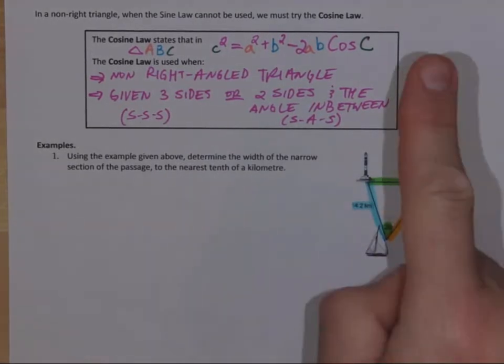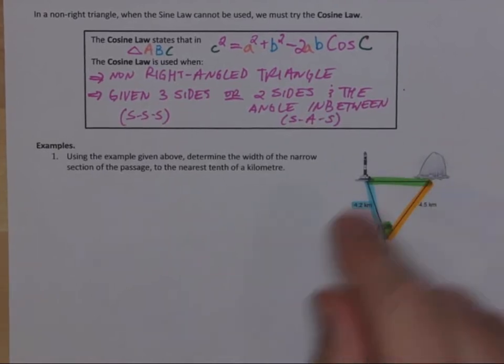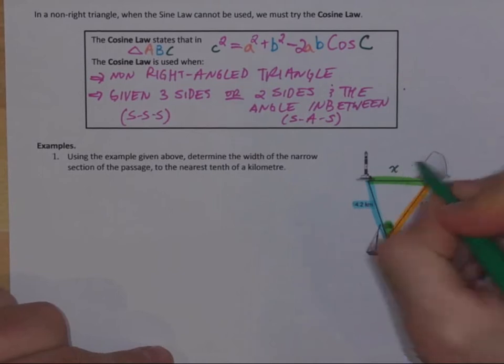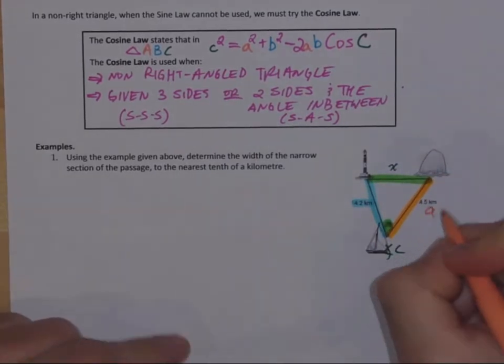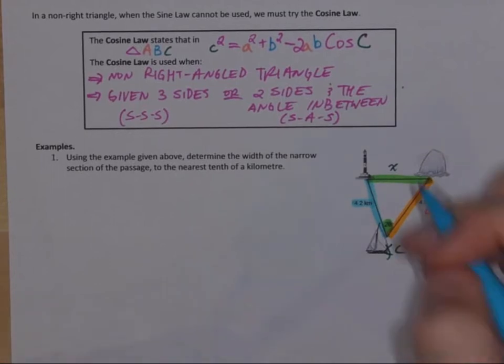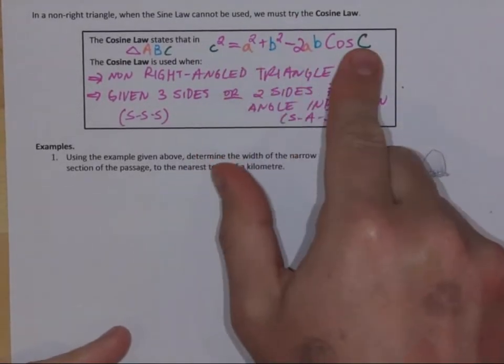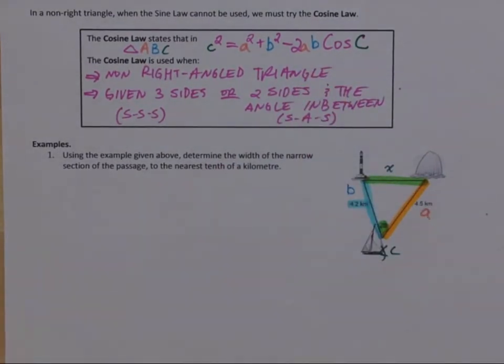So use the same colors as above. We have sides A, B, C. But instead of C, I'm going to write the variable x, just so we're used to it. So that's angle C. This is side A, and this is side B. Using this equation, Cosine Law, just another equation that will be given to you, we just sub in what we know.